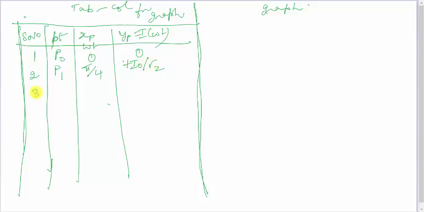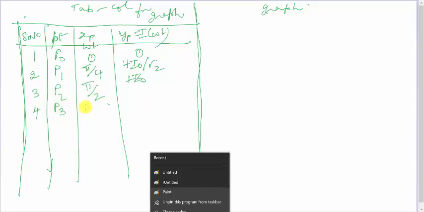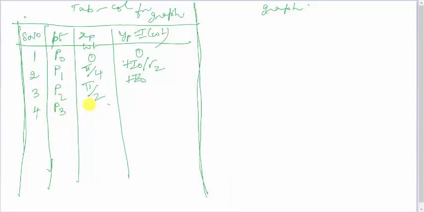The third will be my P2, after pi by 4 it will be pi by 2, this will be plus I naught. The fourth will be P3, for which 3 pi by 4, plus I naught by root 2.